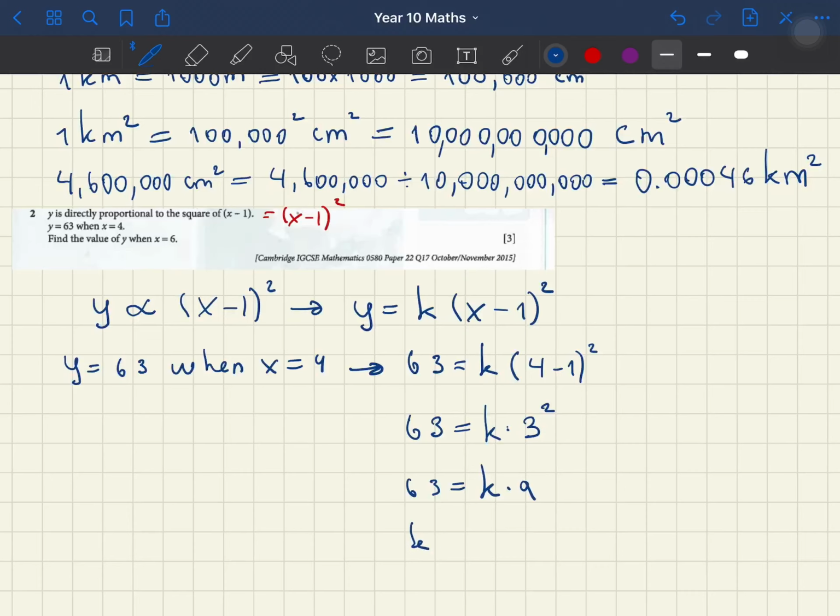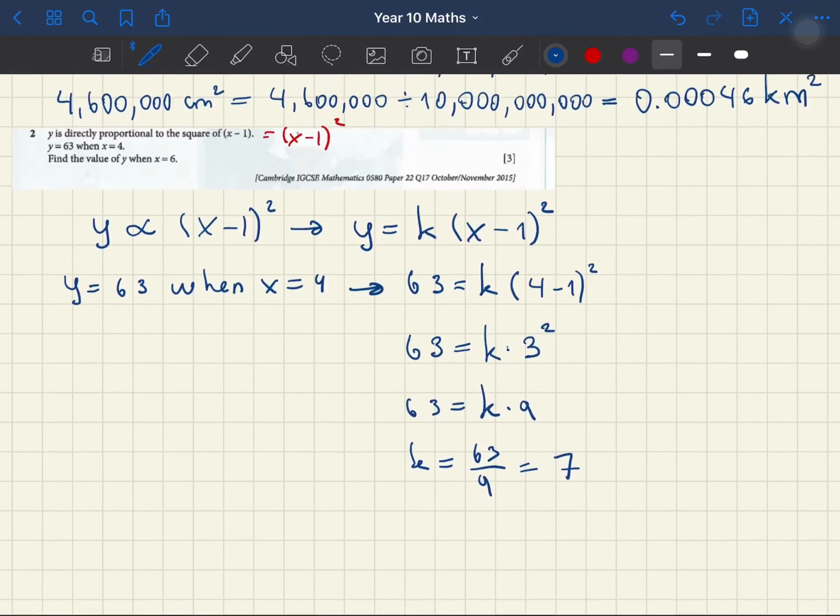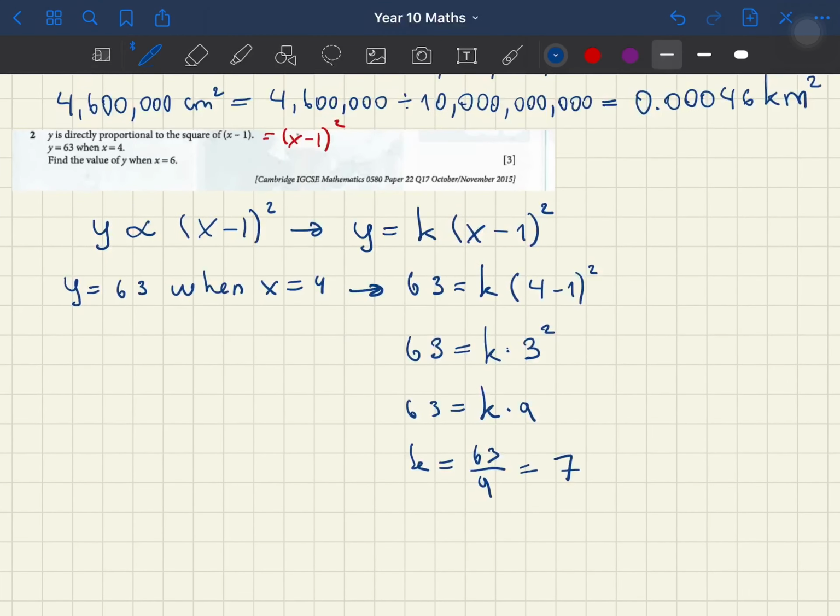It means that k equals 63 over 9, which equals 7. K equals 7. So we can write the general equation as y equals 7 times x minus 1 squared.